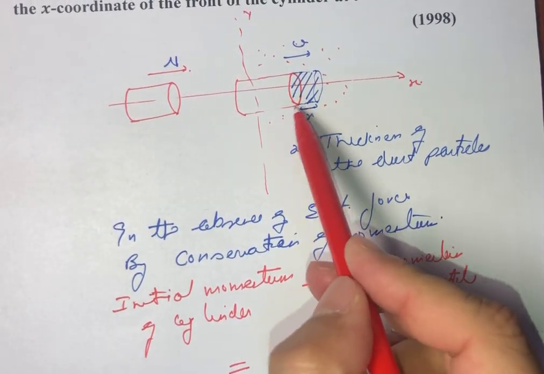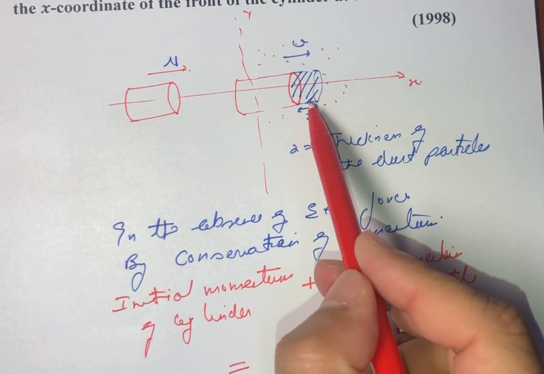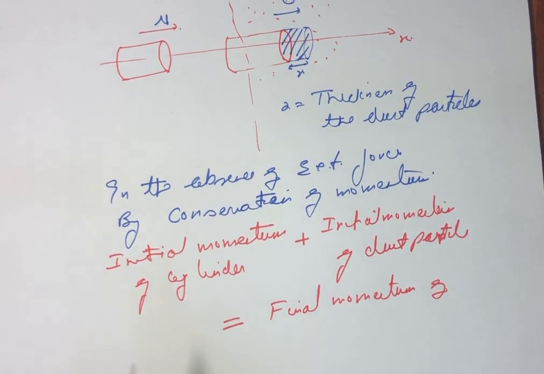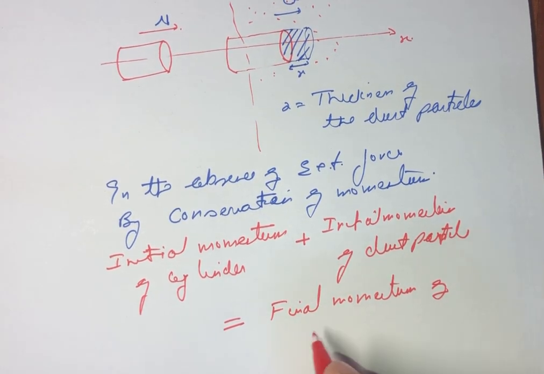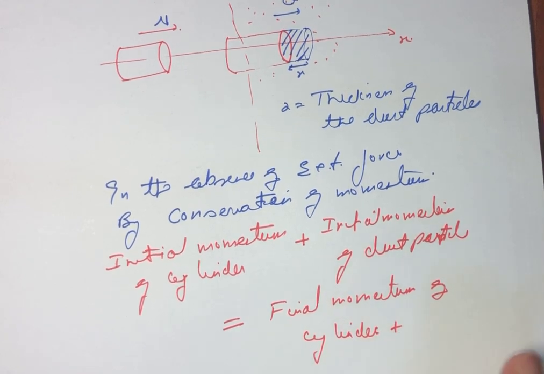Now it will be the combination of the cylinder as well as the dust particles, because they will be moving together with the same velocity. So it will be the final momentum of the cylinder plus dust particles.